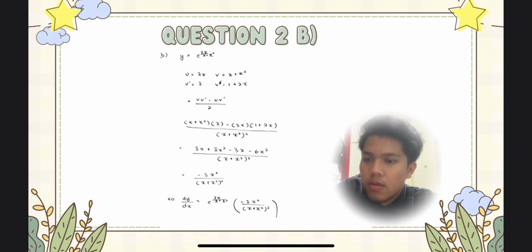Next, the calculation steps will be negative 3x squared over x plus x squared, squared again. So the final answer will be e^(3x) over x plus x squared times negative 3x squared over x plus x squared, squared again.